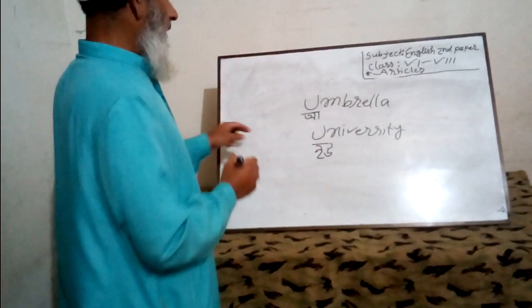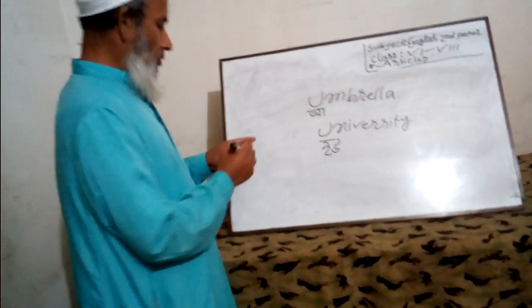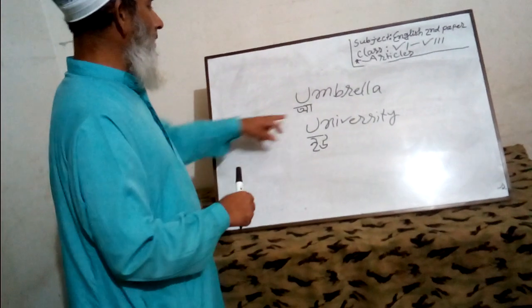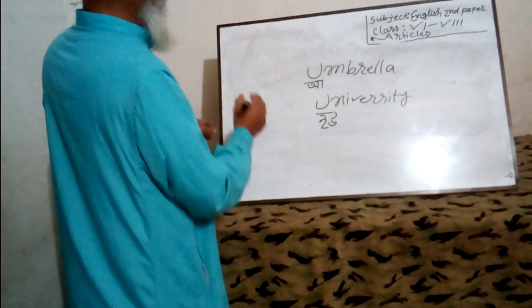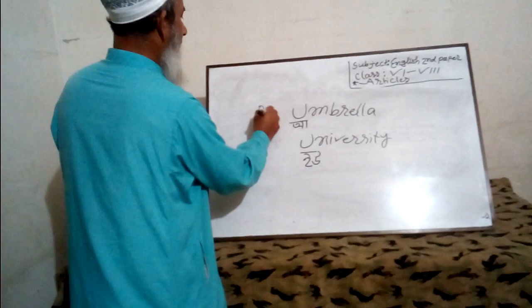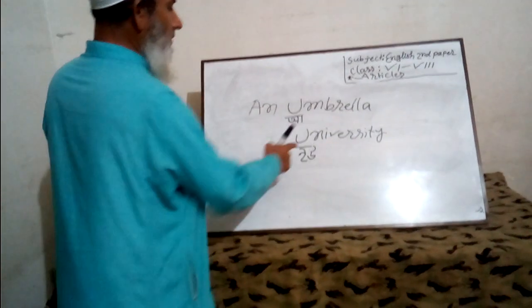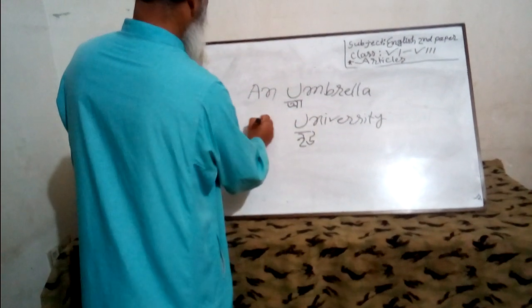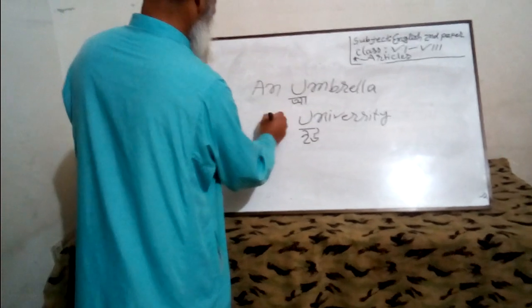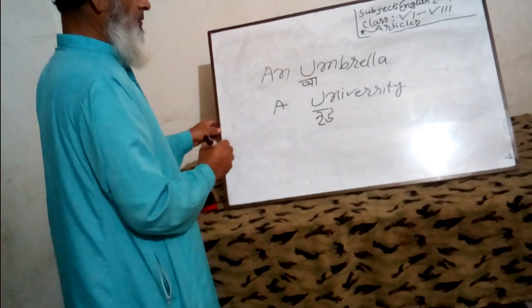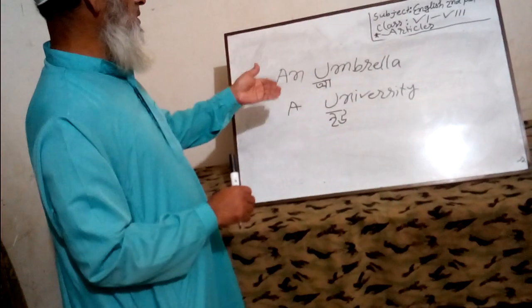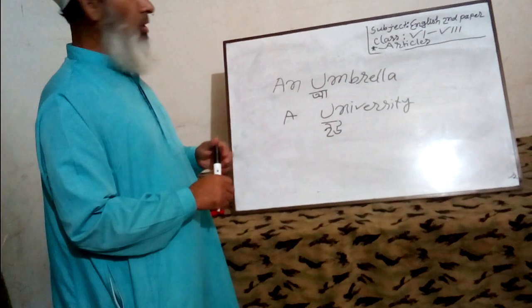If the first letter is U of any word and it sounds like A, before it we should use an. But if it sounds like yoo, we have to use a. Okay? These are the differences. This difference depends on the sounds of the word.